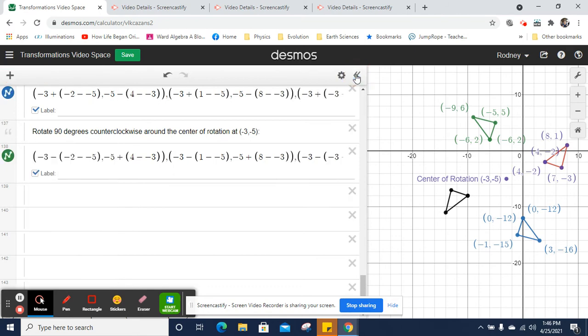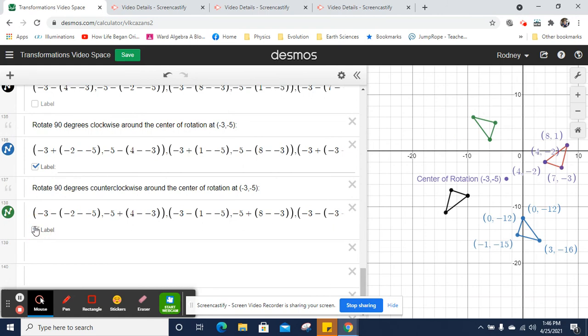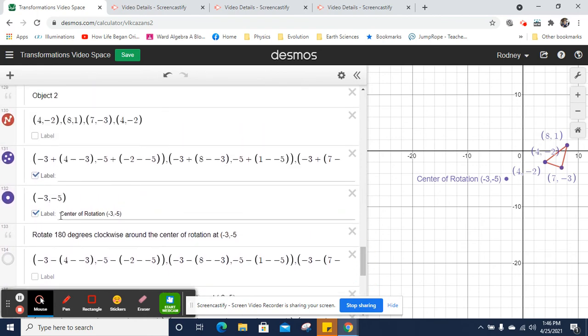All right, there's one last thing I'm going to talk about, and I'm not going to actually do it, but I want to show you a little bit about how you might think about rotations that are not chunks of 90 degrees. And that is, just so you know, there is this thing called the polar coordinate system.